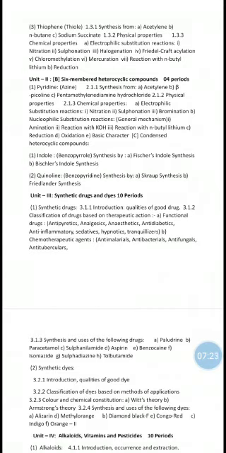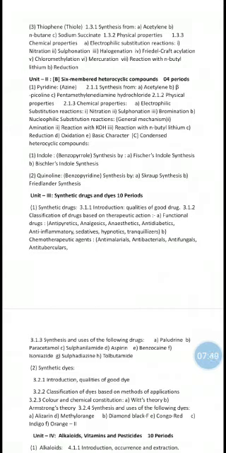For example, drugs like paracetamol, sulfanilamide, tolbutamide, benzocaine, ibuprofen, all these drugs are being used in our day-to-day life.